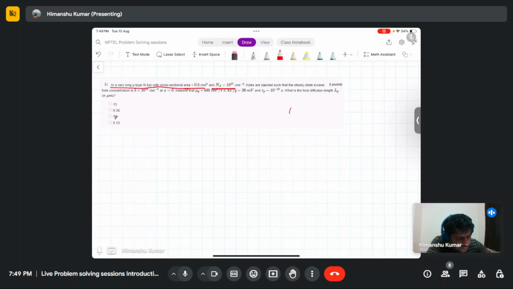The holes are injected such that the steady state excess hole concentration is 5 into 10 power 16 at x equals 0. So is this n type? No, I think it's given as p type.